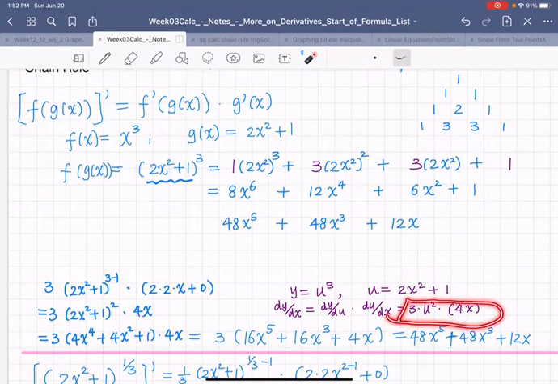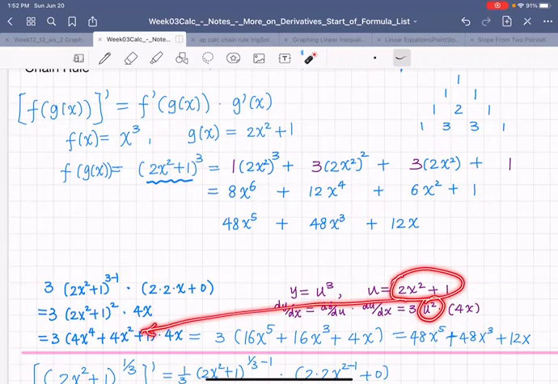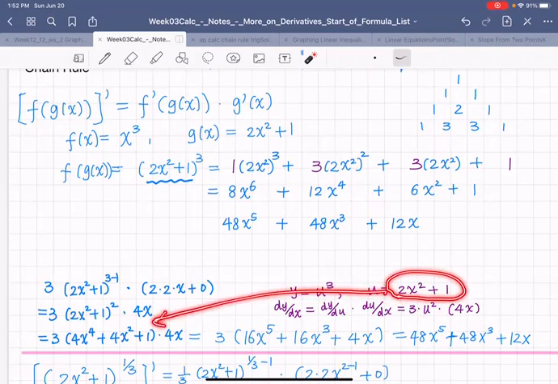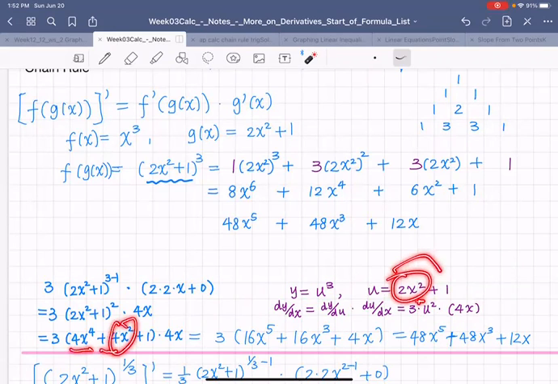Okay, so the result is this, but we don't want to leave u, we want to leave x only. This is u squared, so we square this guy, 2x squared plus 1, squared. That's the first term squared, which is 4x to the power 4, plus double of this 2, which is 4x squared, plus 1 squared, times 4x, correct?